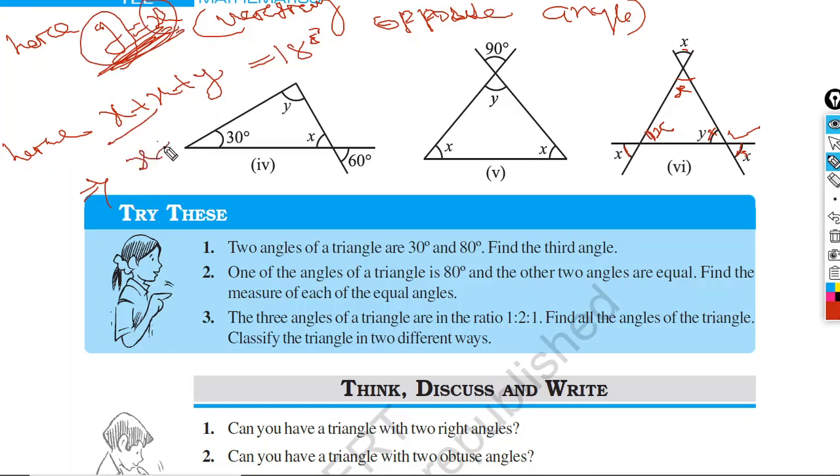So x plus x equal to 180 implies x plus x is 3x equal to 180 degree implies, now divide 3 on both sides, x will be equal to 180 degree divided by 3.